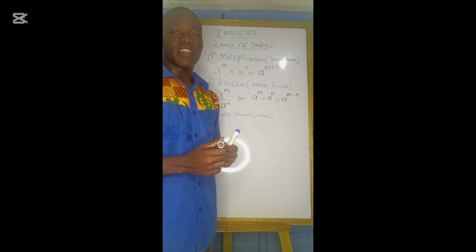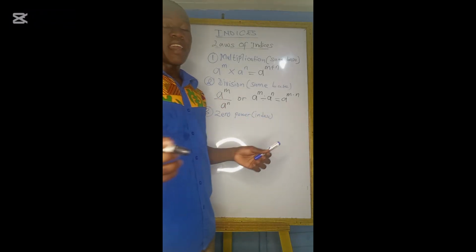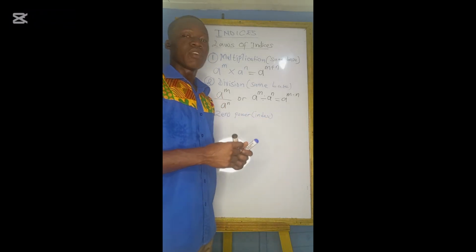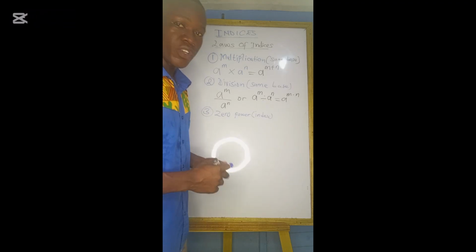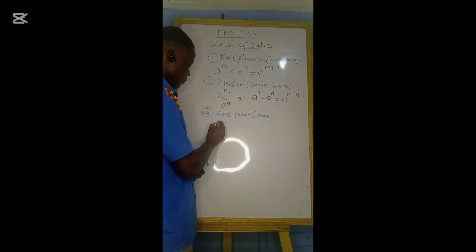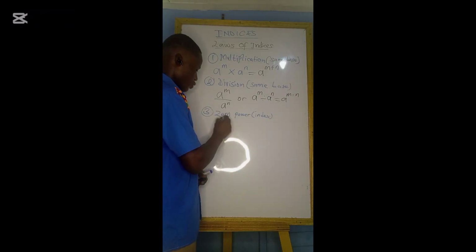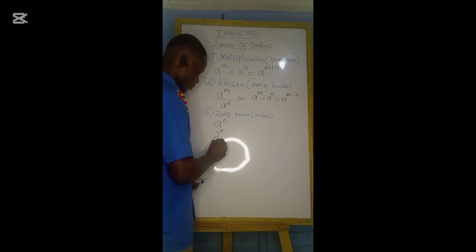And that is what the third law is telling us. Any variable, any number raised to the power 0 is equal to 1. So if I have a raised to the power 0, or 2 raised to the power 0, or 5 raised to the power 0, all of these are equal to 1.